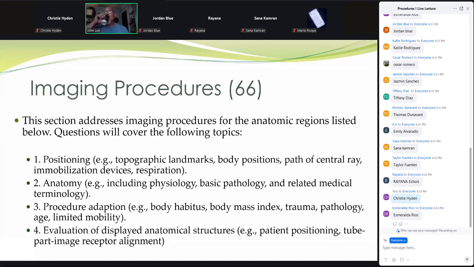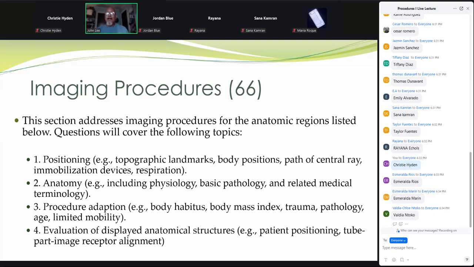So with procedures, remember there's only 66 questions on the registry out of the 200 that are going to involve procedures. And that is going to be quite daunting to begin with, considering you don't just have to know the bones, you have to know the landmarks, all the different tubercles and fossas and specific names and the order in which they come in, as well as how they appear radiographically, how they should appear in various projections.